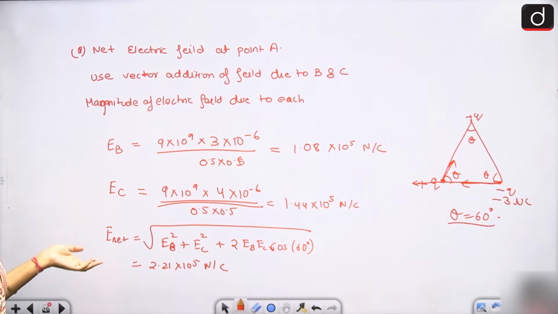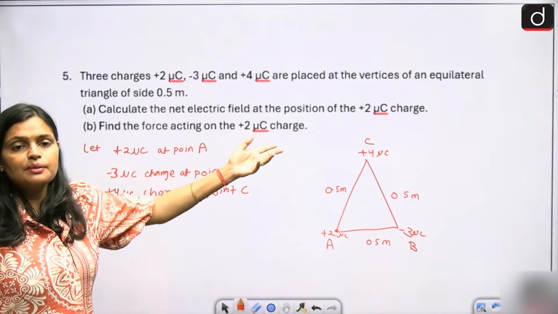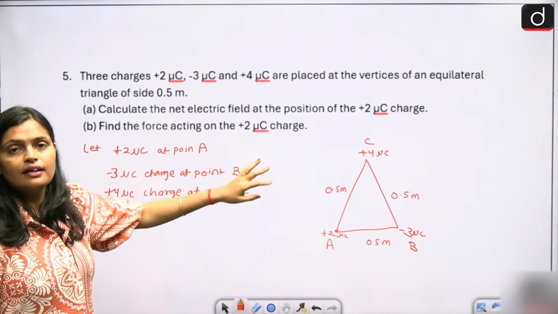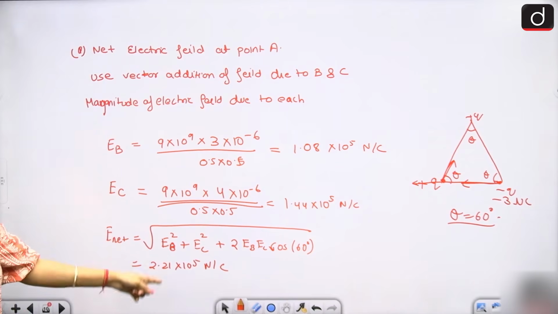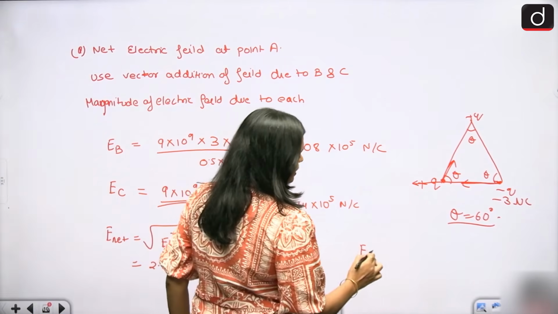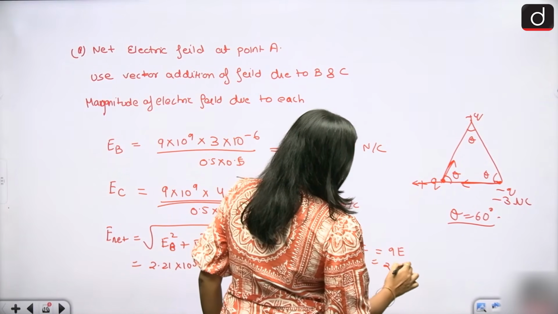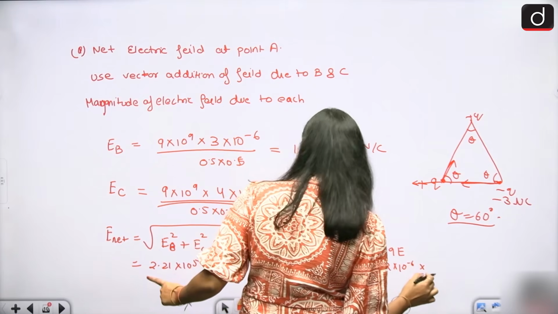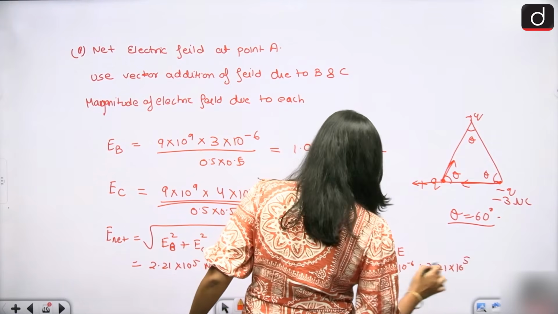Okay, next what is given? Force, right? जो दूसरा आपको बताना था, find the force on 2 mu c, तो simple 2 into E कर लेंगे, right? So for 2 mu c, and the electric field that we got, you have to calculate Q into E: 2 into 10 to the power minus 6 multiplied by 2.21 into 10 to the power 5.